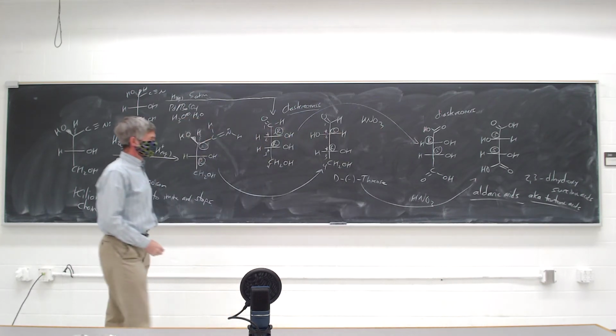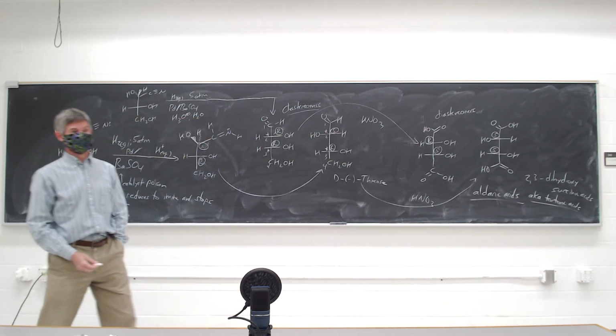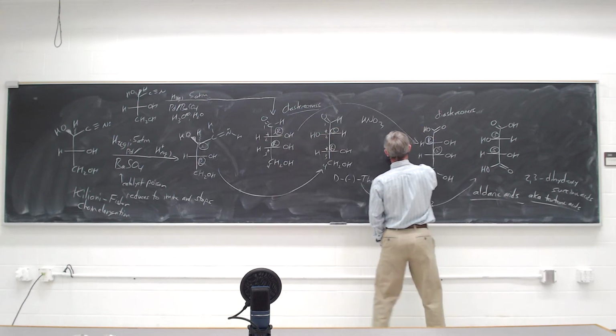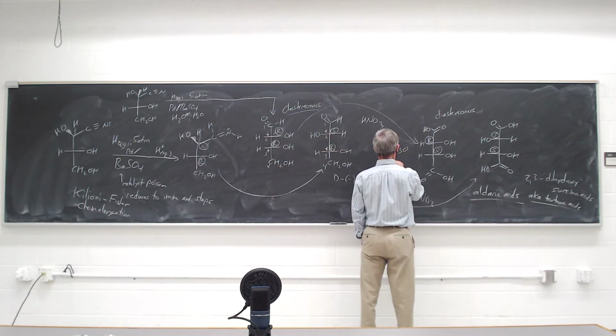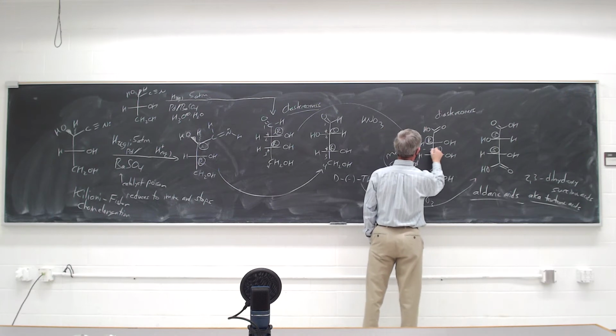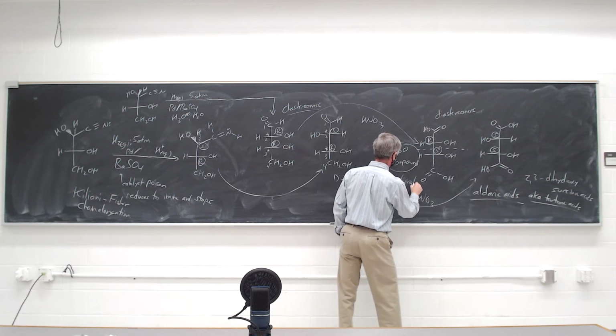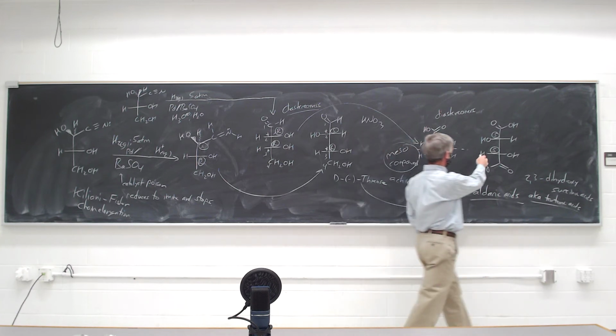One of those is optically active and the other one is not. This is the meso compound. This one has a chiral center right down there, so this is achiral and doesn't rotate plane polarized light, whereas this one does.